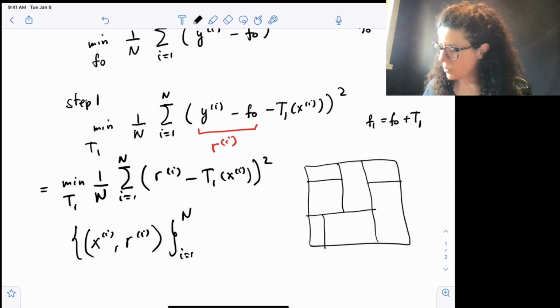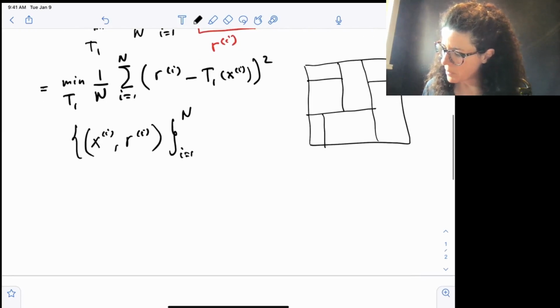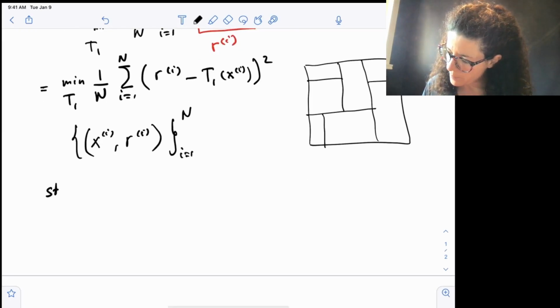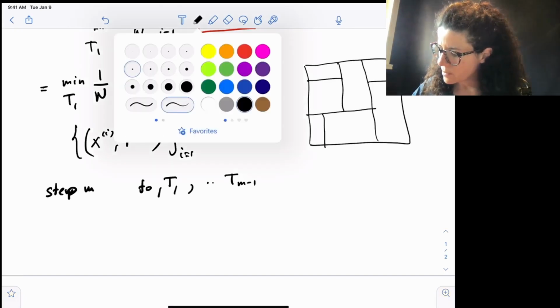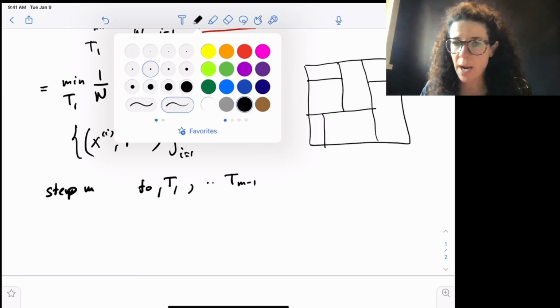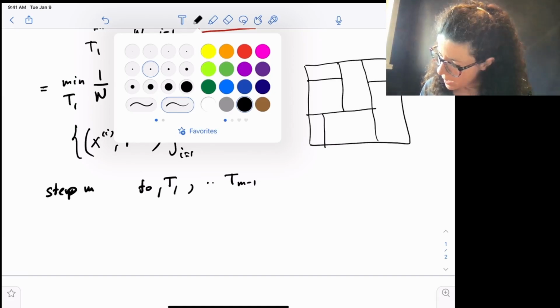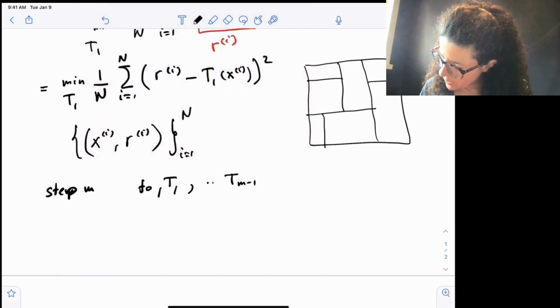So let's actually look at step m now. Remember, in step m, we consider f0, t1, up to tm minus 1 as fixed, right? So we already have f0, t1, up to tm minus 1, and we are trying to optimize the following.